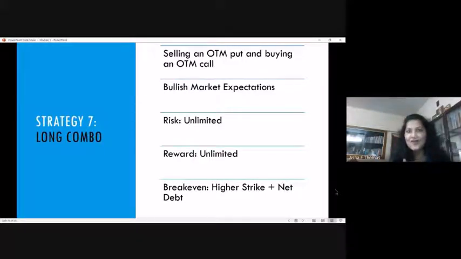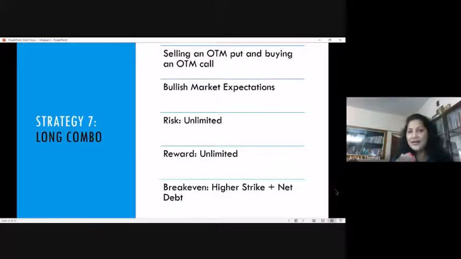So here what you have to remember is the risk is unlimited, because both these transactions are based on his expectation. If the market did not go as he expected, he is going to be in long trouble, especially with selling an OTM.